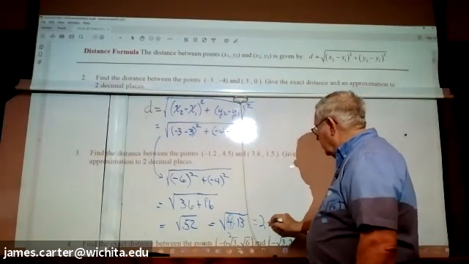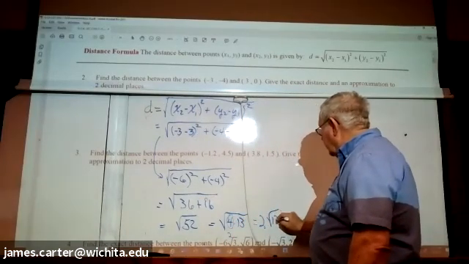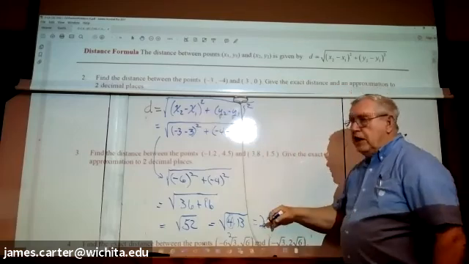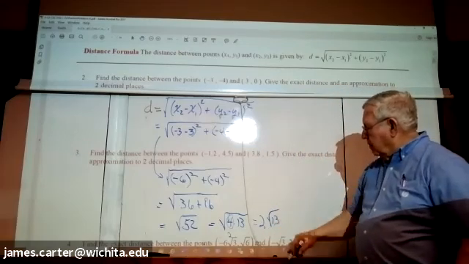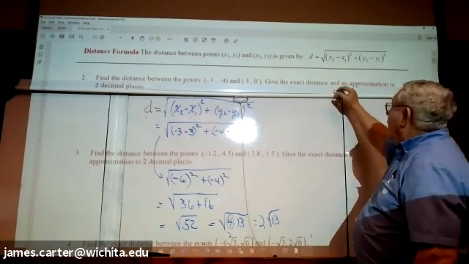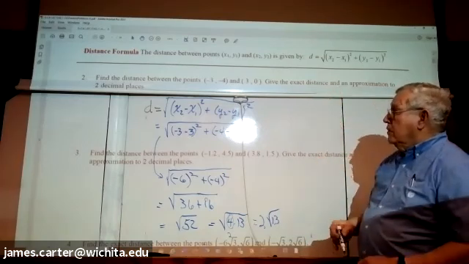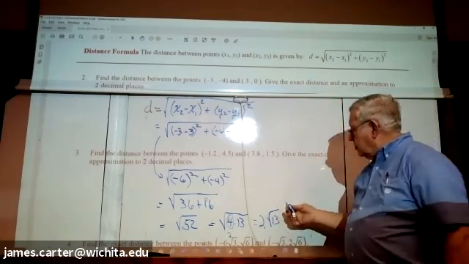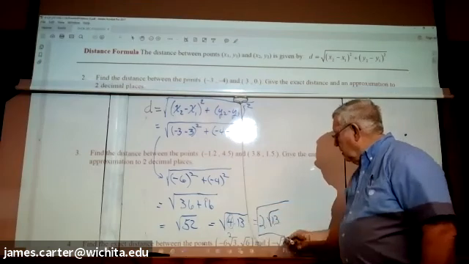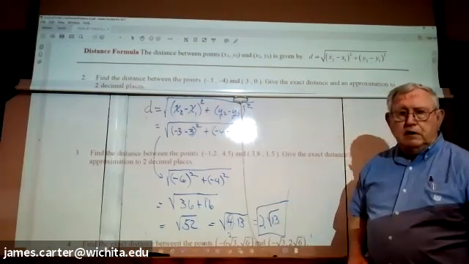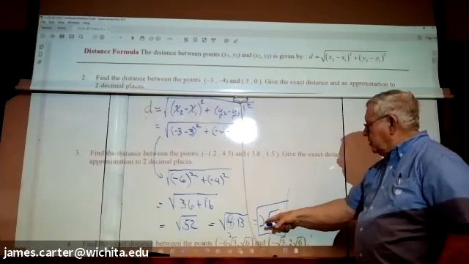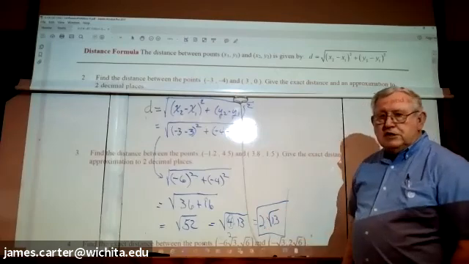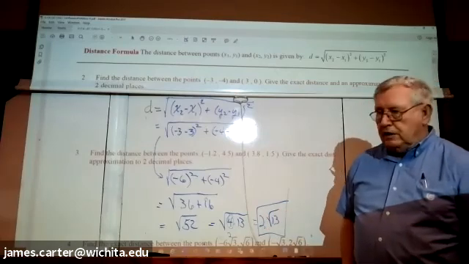So this is equal to 2 times square root of 13. And then I would have to look up on the calculator square root of 13 and multiply it by 2 and round it. As far as I'm concerned for this, that's good enough. The only reason we would change this to a decimal is if we were doing graphing with it.